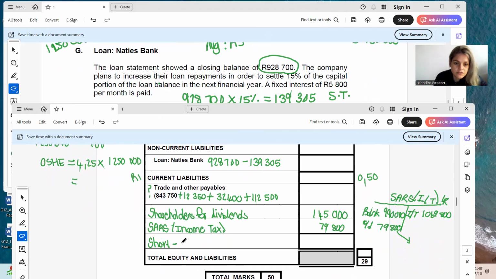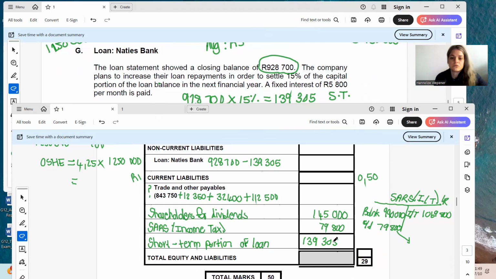So short-term portion of loan. It's because I'm not using the full screen that the writing isn't working, but we need to see everything. So it's 139,305.